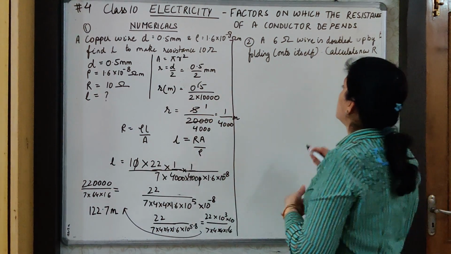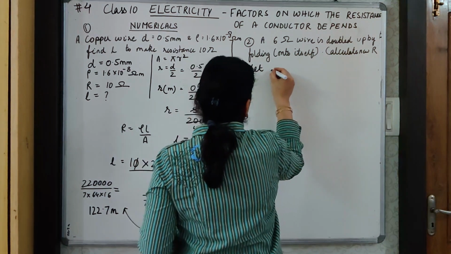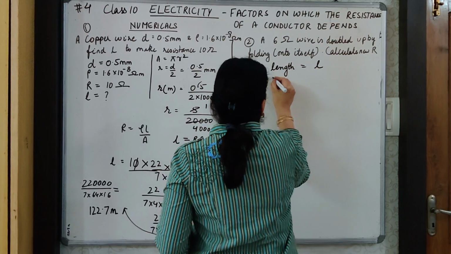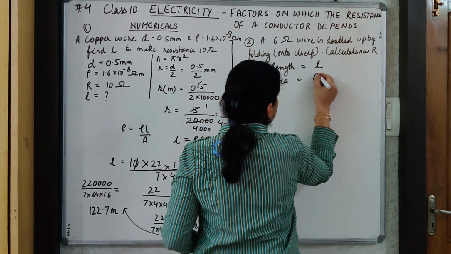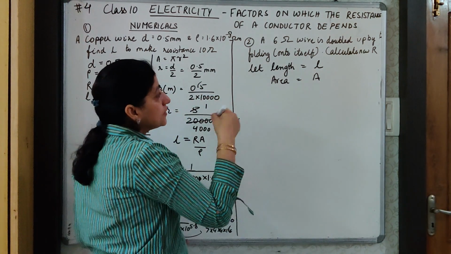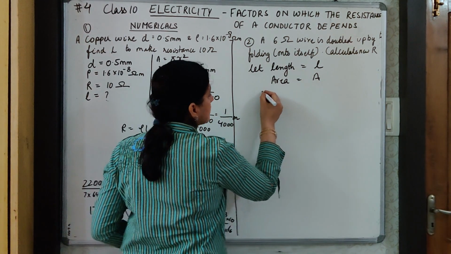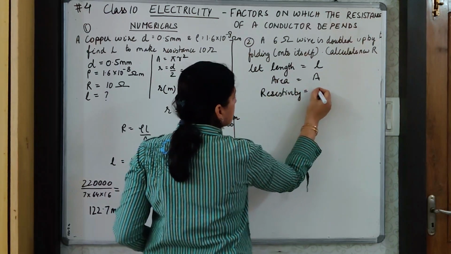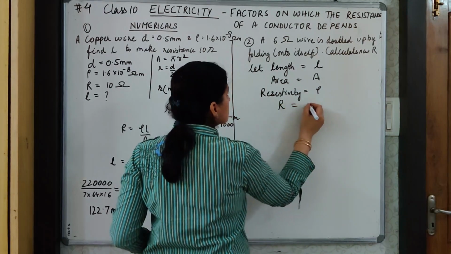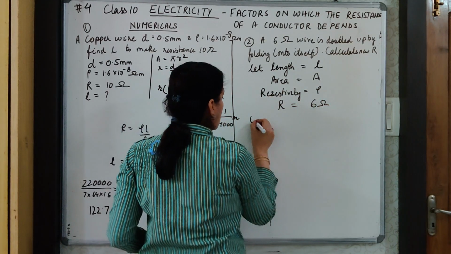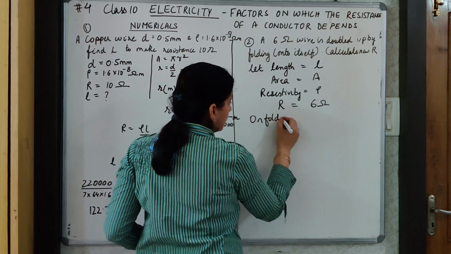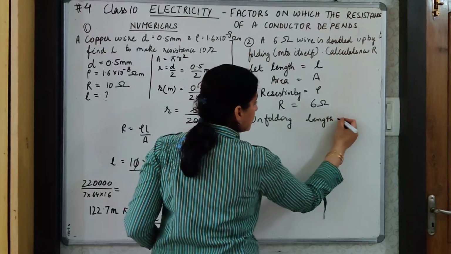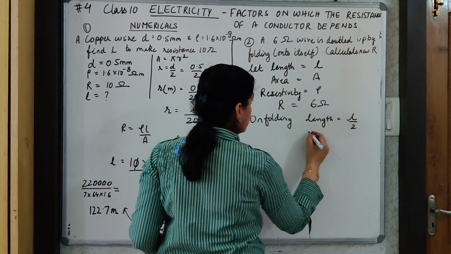Okay, so let the length be L and let the area be A. It is a particular wire, so resistivity will remain the same, and let the resistivity be rho. Resistance is given as 6 ohm. On folding, when I fold the wire, the length will become L by 2.